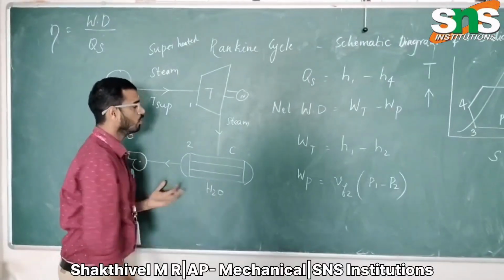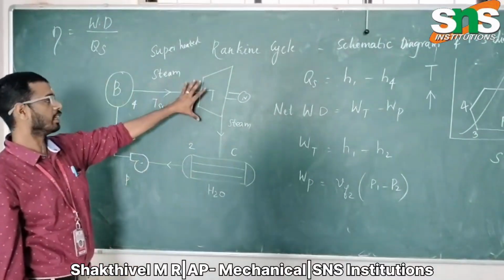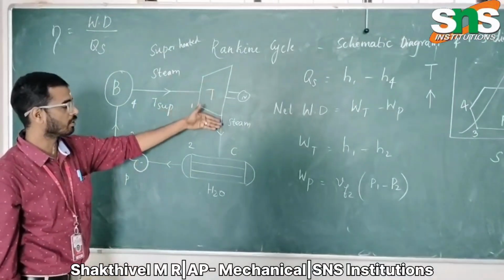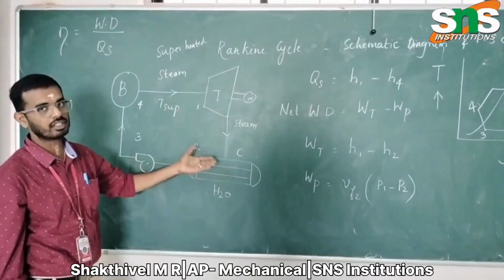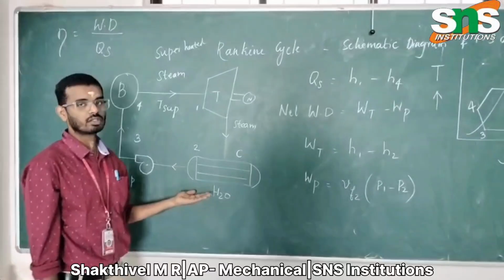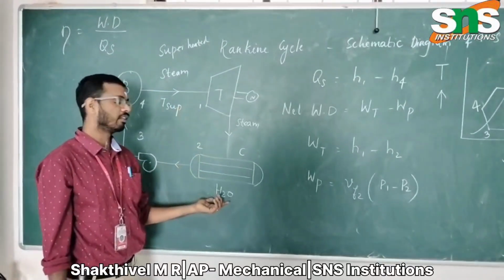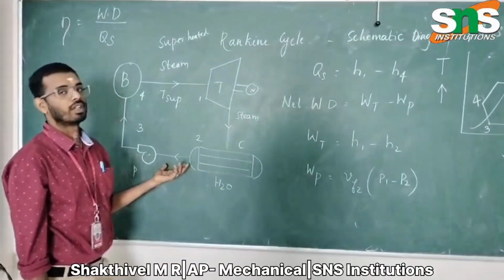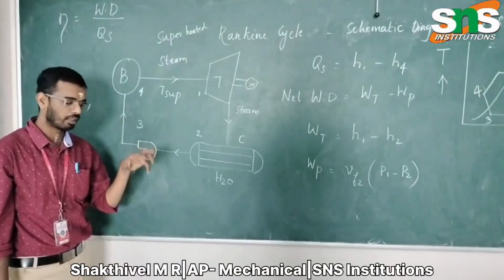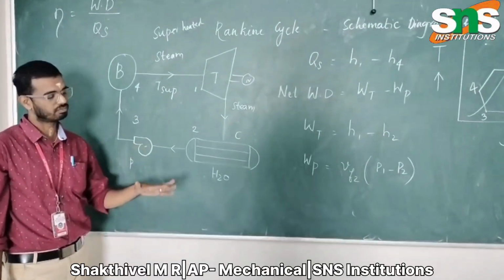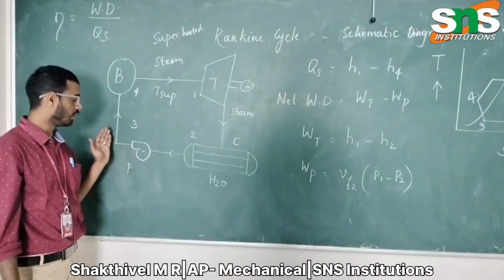So the work has been done in the turbine, and the steam goes out from the turbine into the condenser, where it is condensed through the condensing unit and converted into water. The water goes back to the pump. We pump the water from the pond or storage area and send it into the boiler.